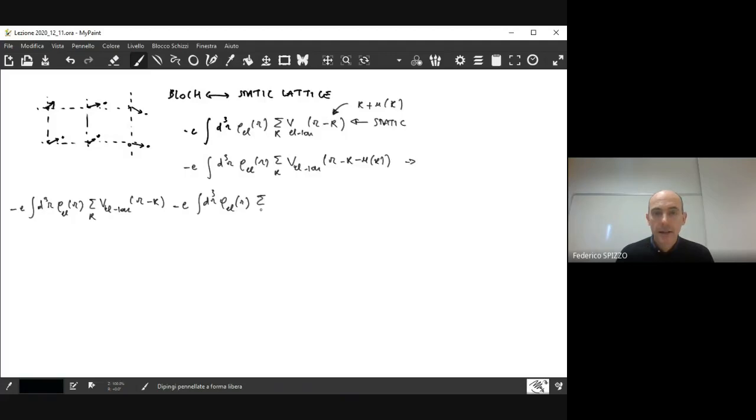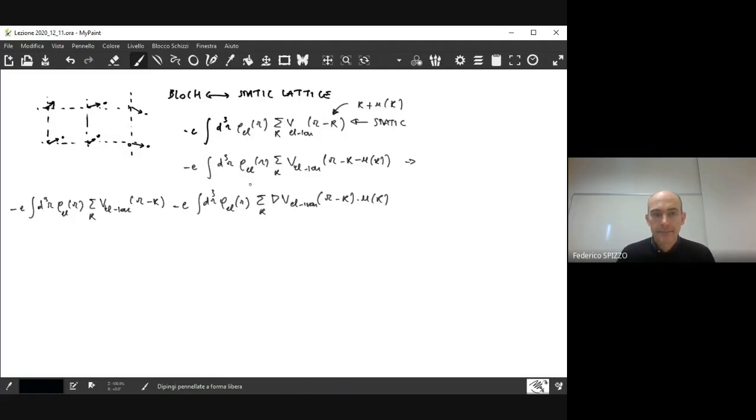Then we have the sum over R of the gradient of the electron-ion interaction potential evaluated at the equilibrium times the deviation from equilibrium.